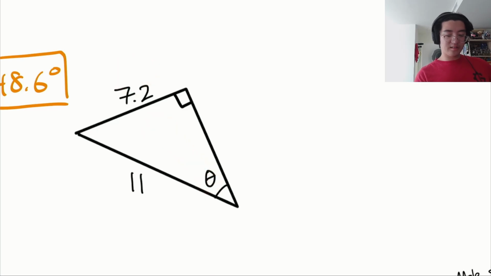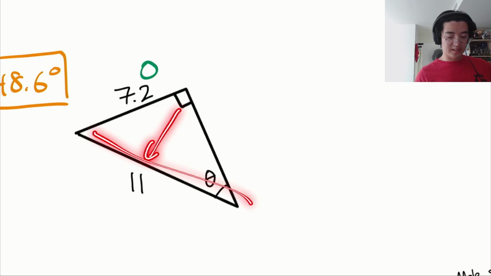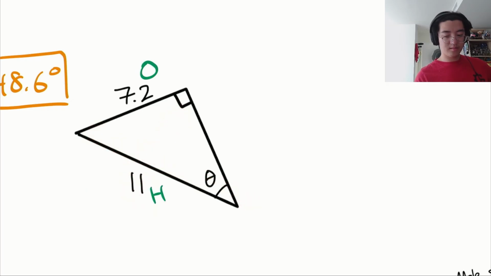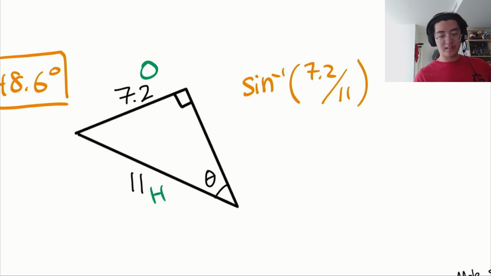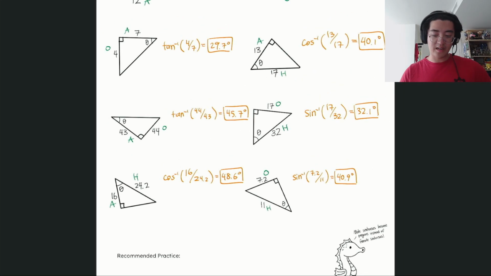Across from the angle. Across from the right angle. Opposite over adjacent. Okay, and that's it.